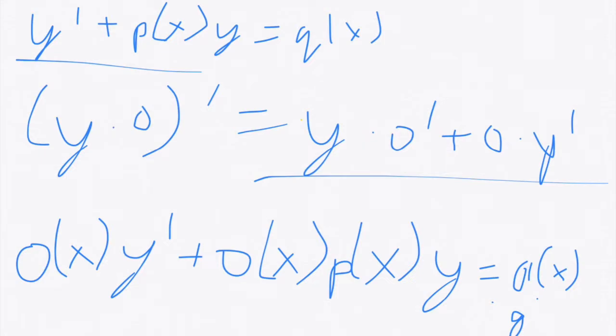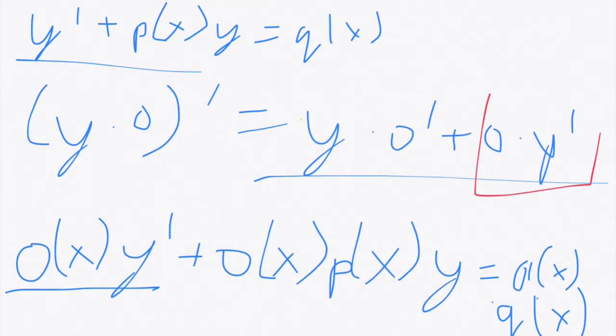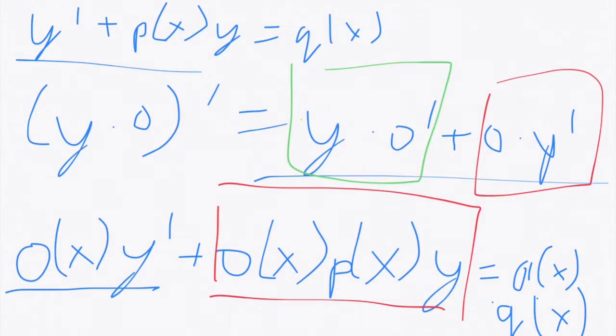And the reason we did this is because we have a hunch that this function o of x is the other function that we took the derivative of in order to get this product rule expansion to work. So we have this term here, o of x times y. That exactly matches our second term in our product rule expansion. So that means this second term over here, o of x times p of x times y, is somehow related to the function y times o prime. And this gives us a huge clue.